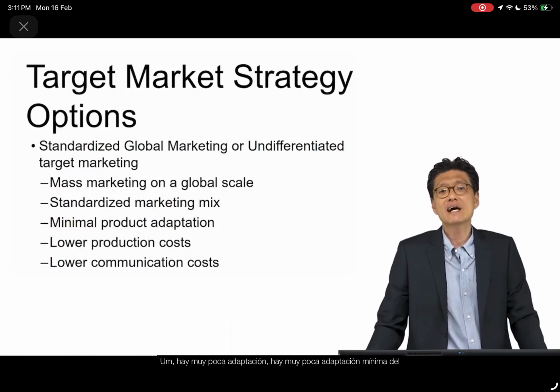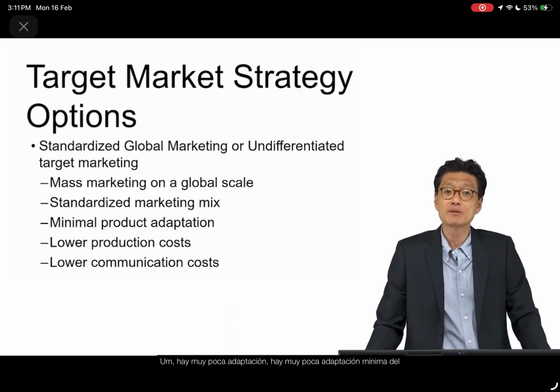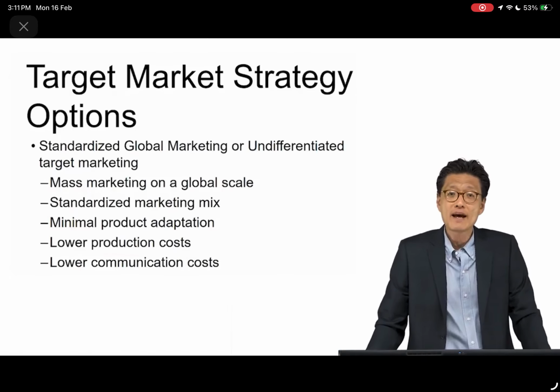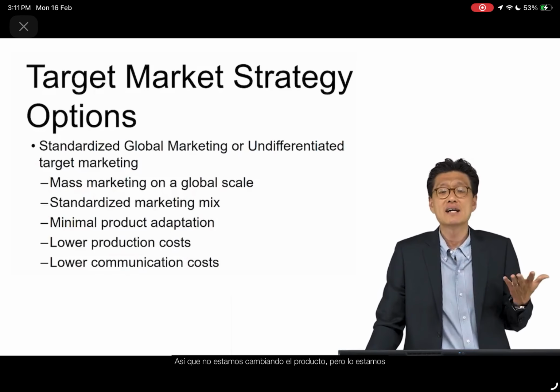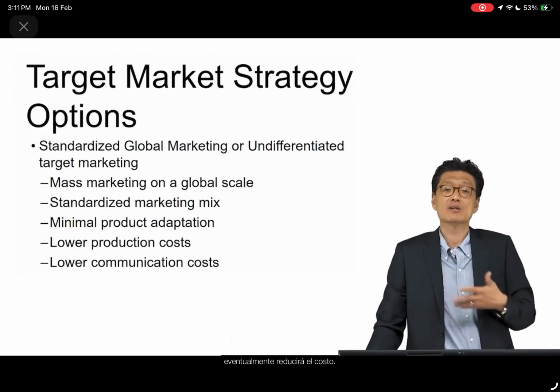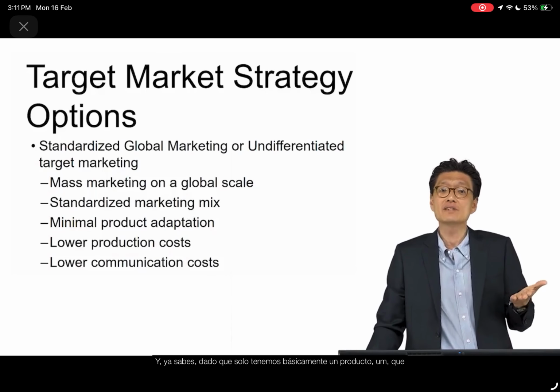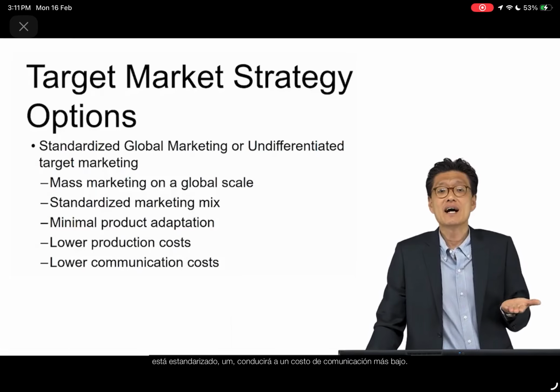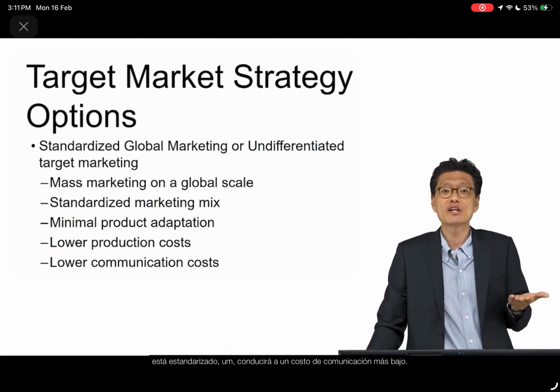There's very minimal product adaptation. So we're not changing the product, we're standardizing it on a mass scale, which eventually lowers our cost. And since we only have basically one standardized product, it leads to a lower communication cost.